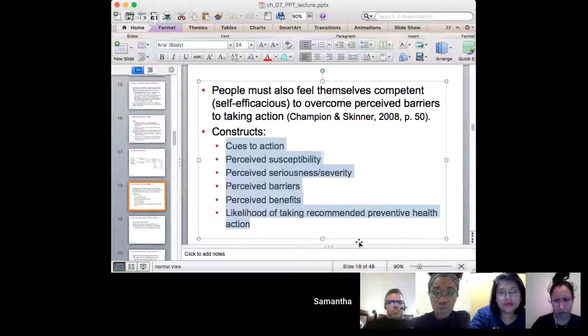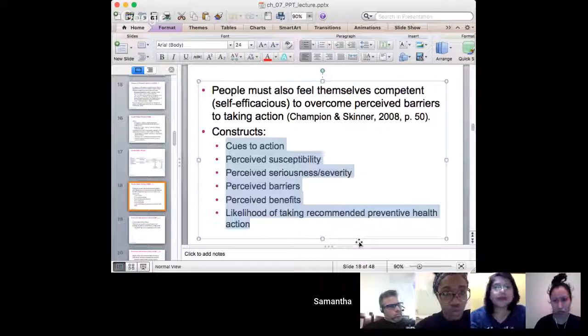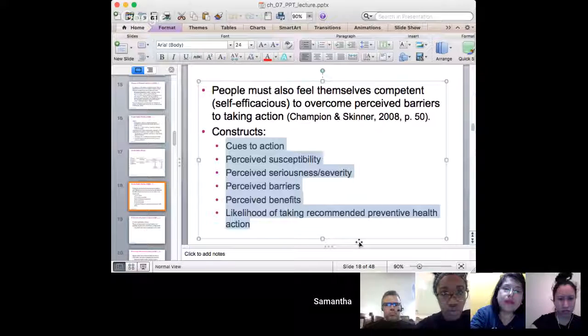Definitely. And perceived susceptibility is someone's belief that they're going to get the disease, or that they're actually going to be affected by getting obese or things like that. They have to actually internalize the fact of them maybe being part of the situation, or else it doesn't matter to them.